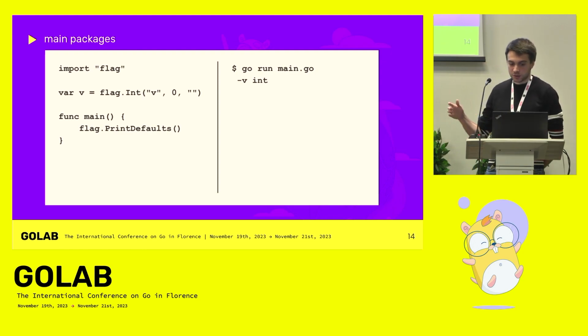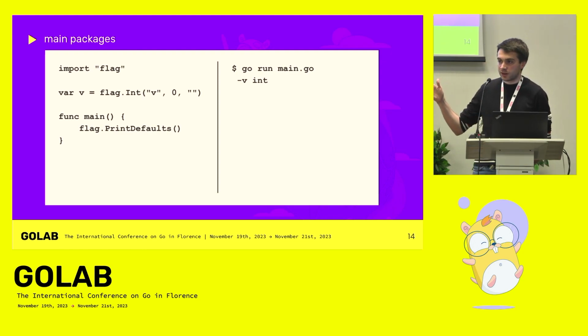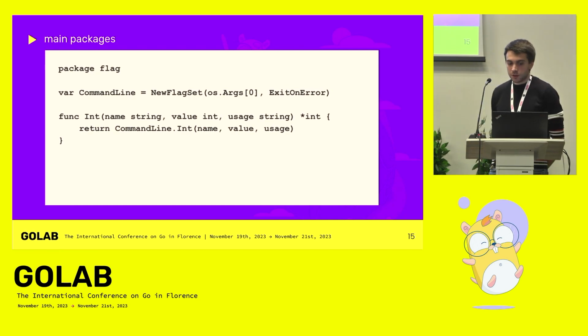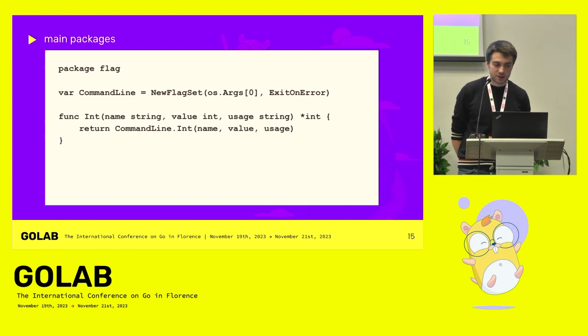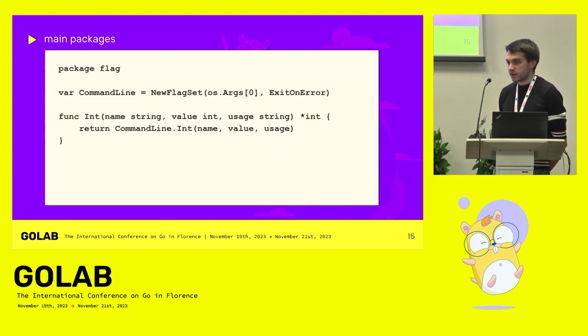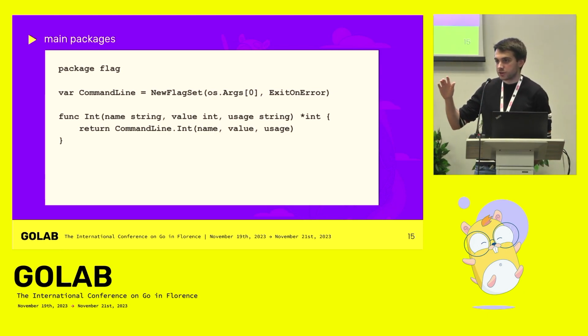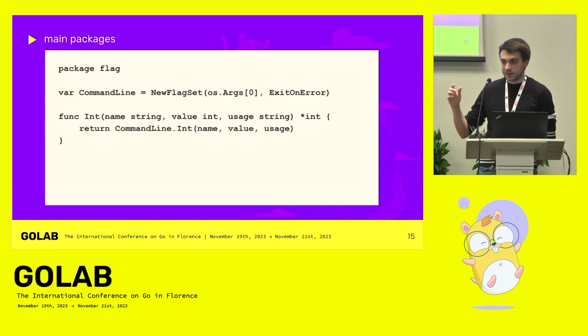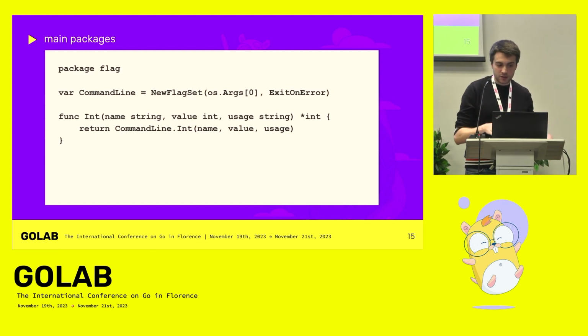So if I do flag.PrintDefaults in main after the global init has registered that flag, I do see the flag, but I'm not holding that global value. The one that's holding it is the package flag that I imported, right? It's got a global CommandLine, which is the one that's used by default by the top level functions like Int. And then when I call its Int function, the init already has initialized CommandLine, so it just works.